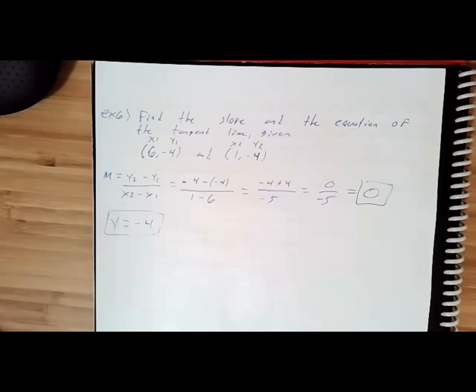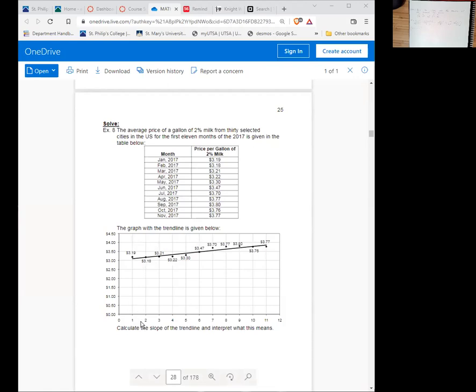So one more thing before we start. Notice that the months are corresponding to 1, 2, 3, all the way to 12, right? January is first. So this is like the point right here. This is like the point 1 comma 3.19, I guess.